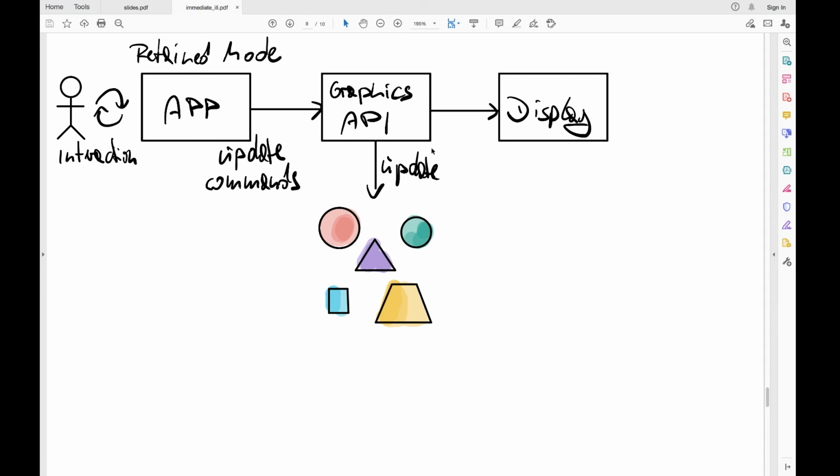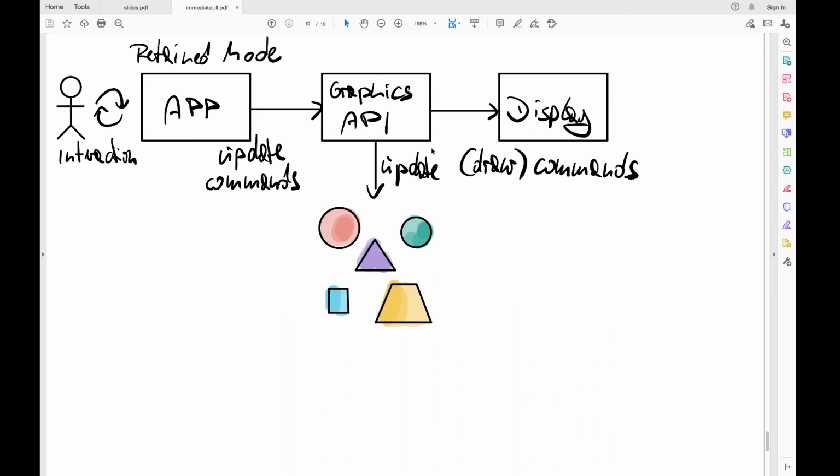The graphics API will then internally translate those changes to the three-dimensional scene, to transformations, and to camera parameters, and so on, into draw commands and issue those to the GPU so that the GPU can finally display an image.